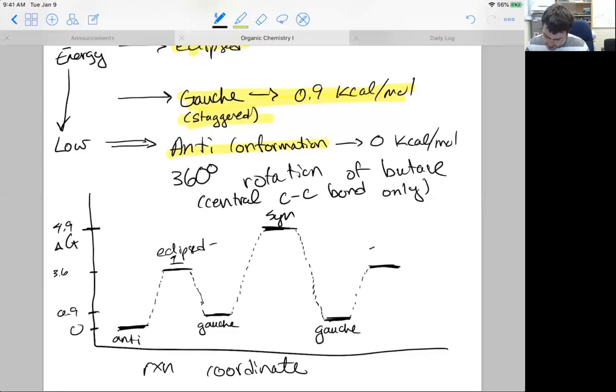And eclipsed 3 is the mirror image of eclipsed 1. They have the same energy, they're degenerate, but they are different conformations. And we'll talk about that during the exam 4 or 5 material, I can't remember. But from eclipsed 3, we get back to where we started. The only duplicate conformation on this is the anti conformation, which is tied with the original anti conformation at 0.